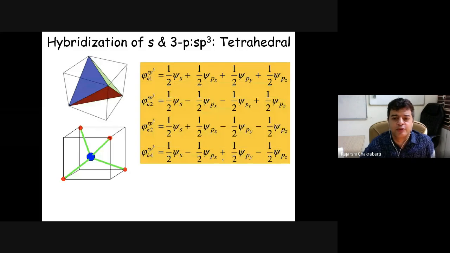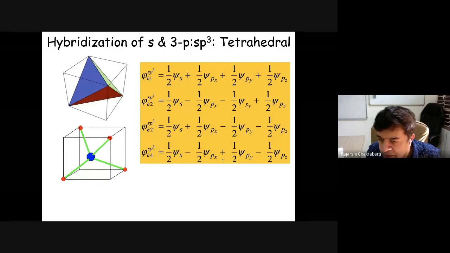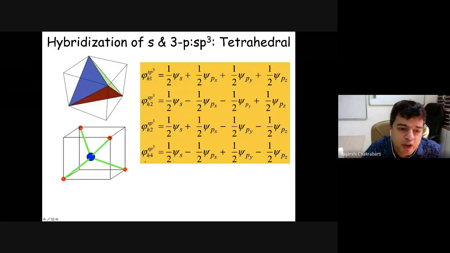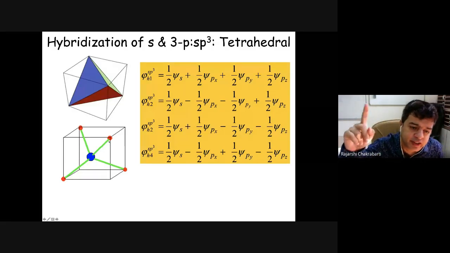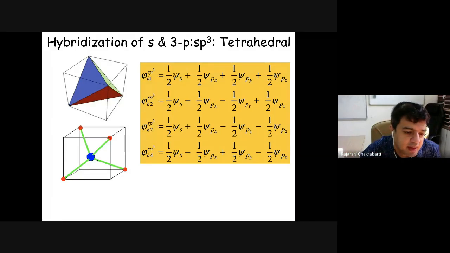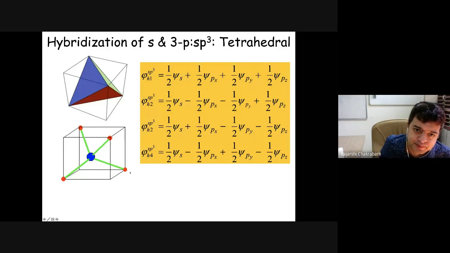Now let us think of the methane molecule. Everybody knows methane is tetrahedral. You have a cube, and on alternate corners of the cube you have one hydrogen atom sitting, and at the center of the cube you have your carbon atom. So these are 4 equivalent hybrid orbitals.